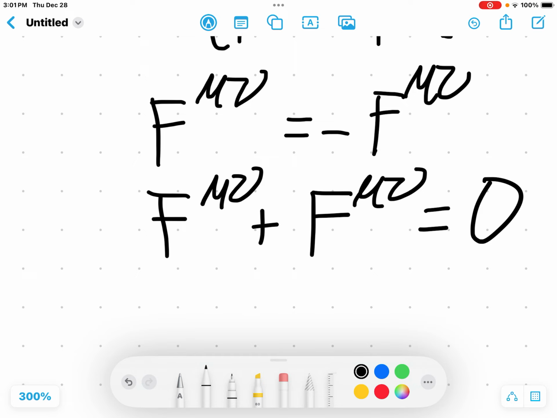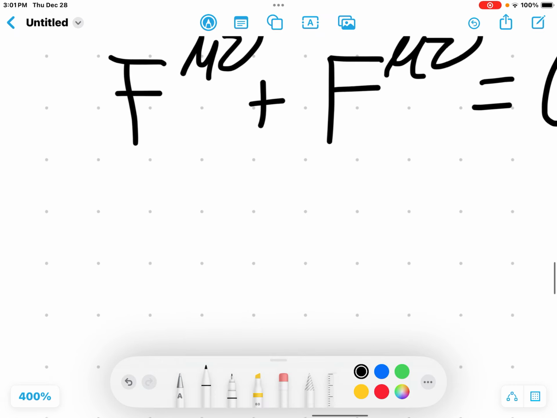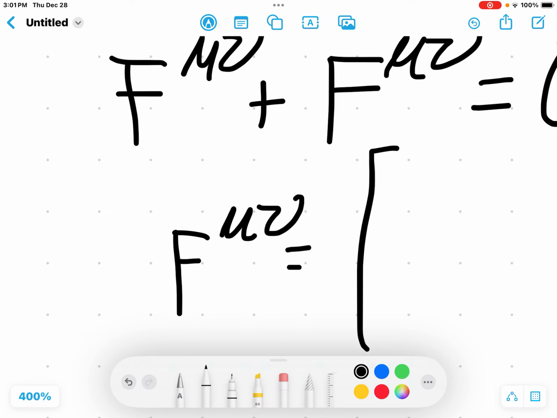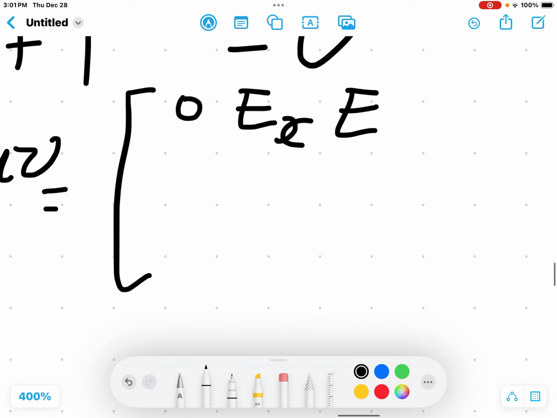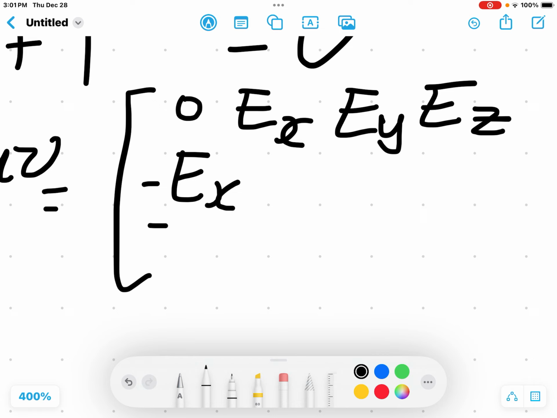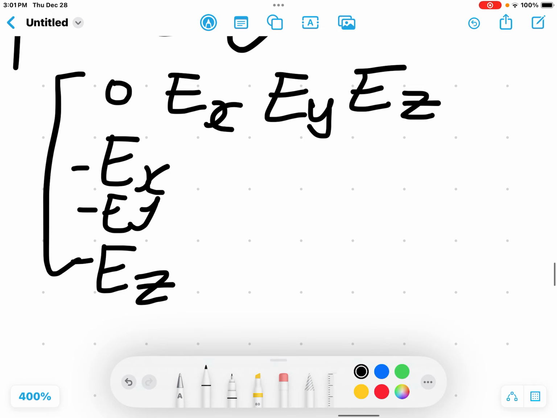And so we now have a new tensor, F mu nu, with components 0, Ex, Ey, Ez, then minus Ex, minus Ey, minus Ez, and the diagonals are 0.